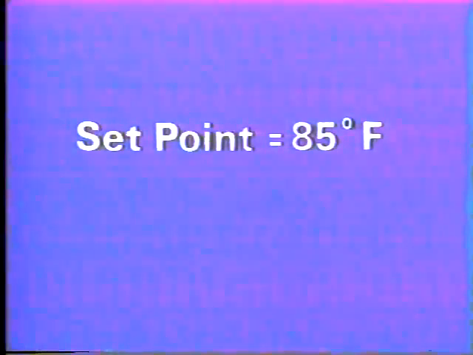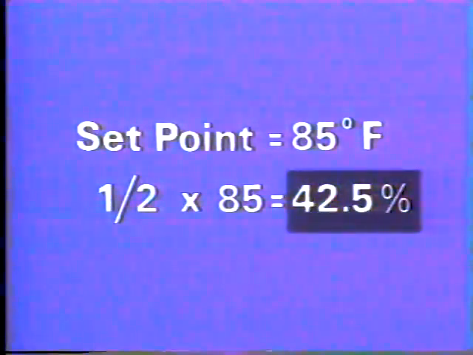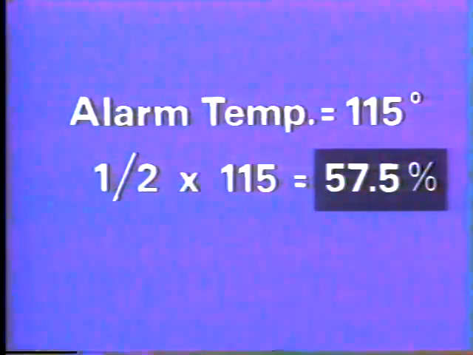Since set point is 85 degrees, and 1/2 times 85 is 42.5, set point equals 42.5%. And since 1/2 of the alarm temperature is 57.5 degrees, the alarm sounds at 57.5%.